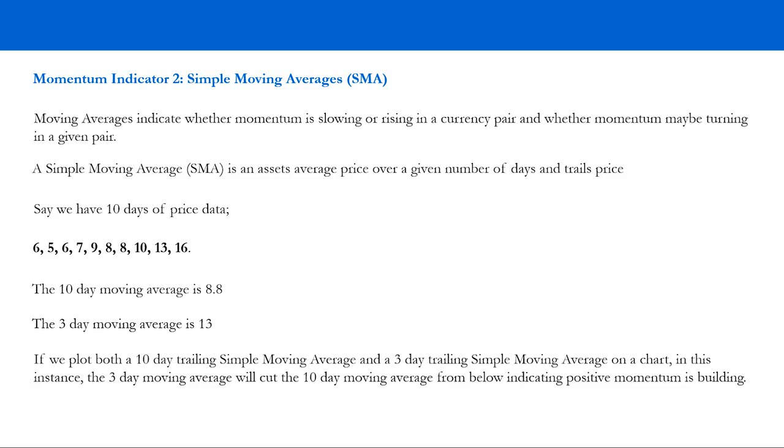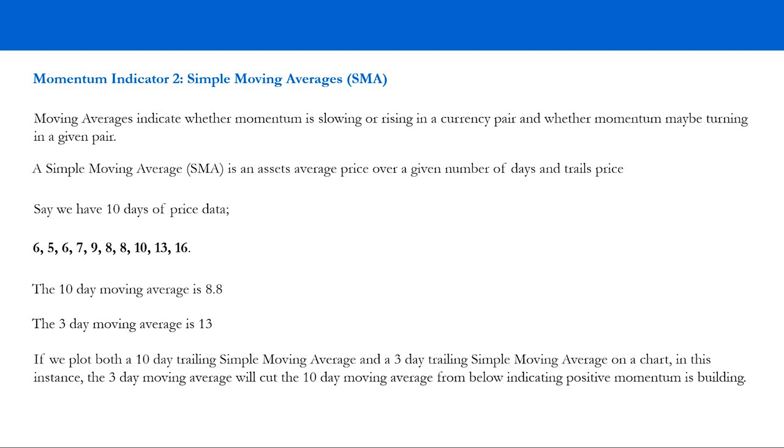Moving averages overall indicate whether momentum is slowing or rising in a currency pair and whether momentum might be turning in a given pair. So a simple moving average, or SMA, is an asset's average price over a given number of days, and it actually trails the real price.